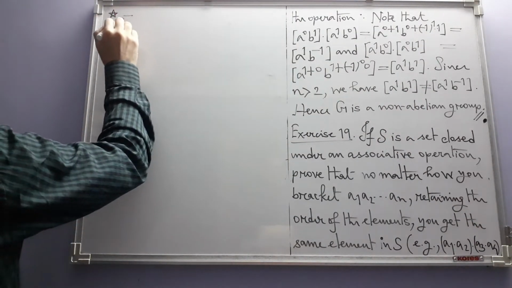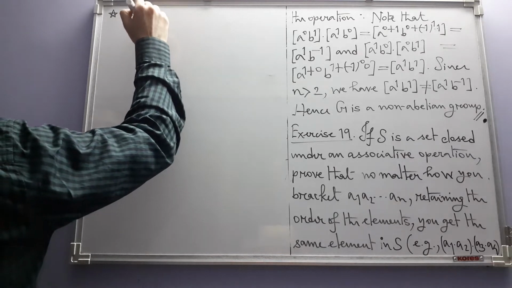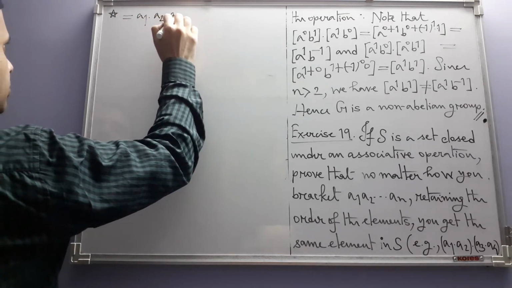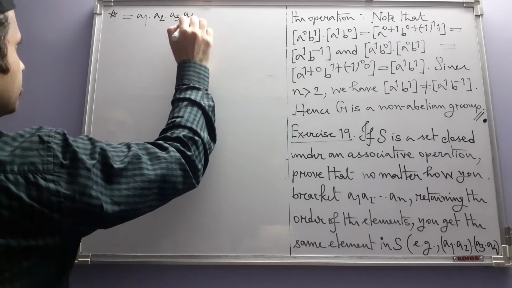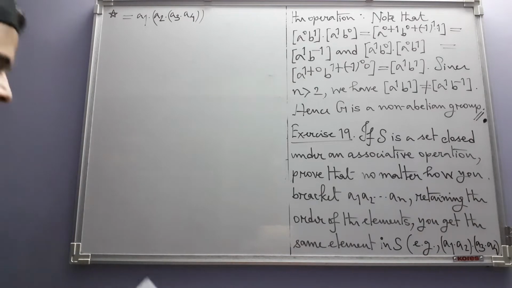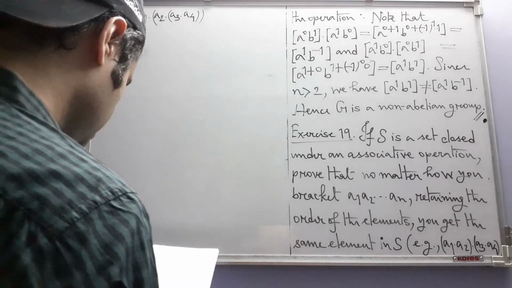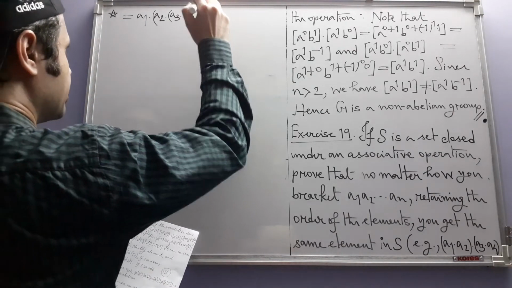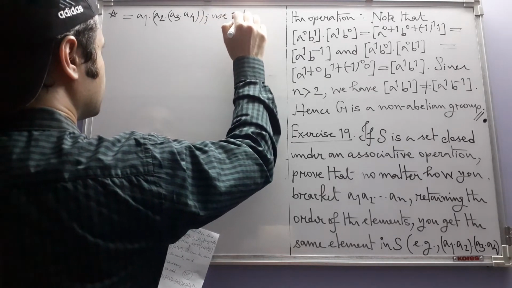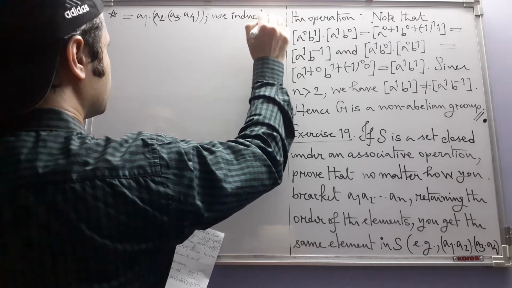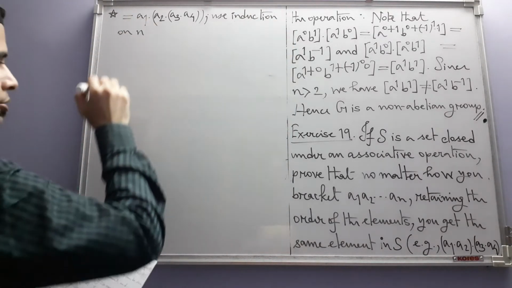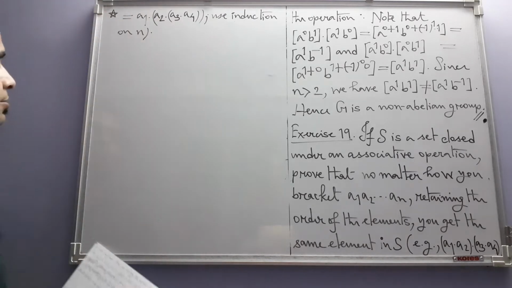This will be equal to, if one wishes, one can apply associative law again and again to see that this will be equal to this, and a hint also is given: use induction on N, and that's what we are going to do precisely.